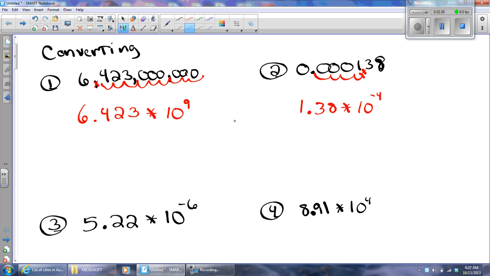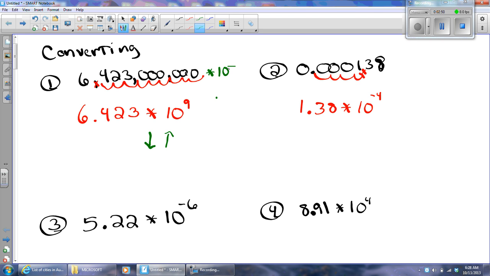Remember the inverse relationship. If the decimal number gets smaller, which it did in this case. No, it did not in this case. Excuse me. In the first case, the decimal number got smaller, and the exponent got larger. Hey, I'm just curious. If I were to multiply this 6,423,000,000 number by 10 to some power, and I didn't want the number to change at all, what would be the exponent on 10?